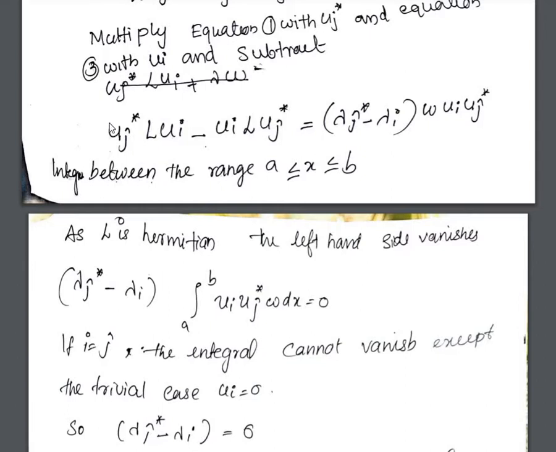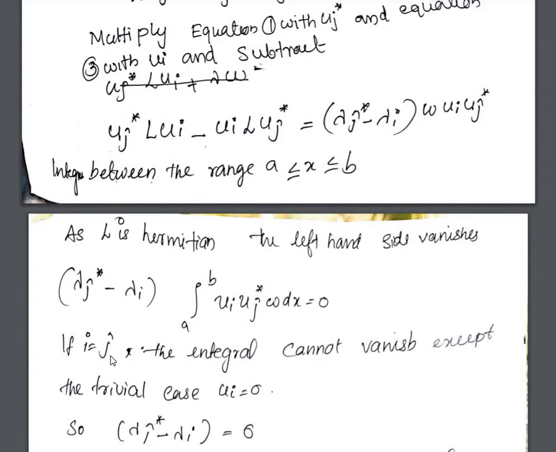From the Hermitian property, we already studied that the left hand side should vanish. So the right hand side must vanish. So our equation will become (lambda j star minus lambda i) integral a to b ui uj star w dx should be equal to 0.